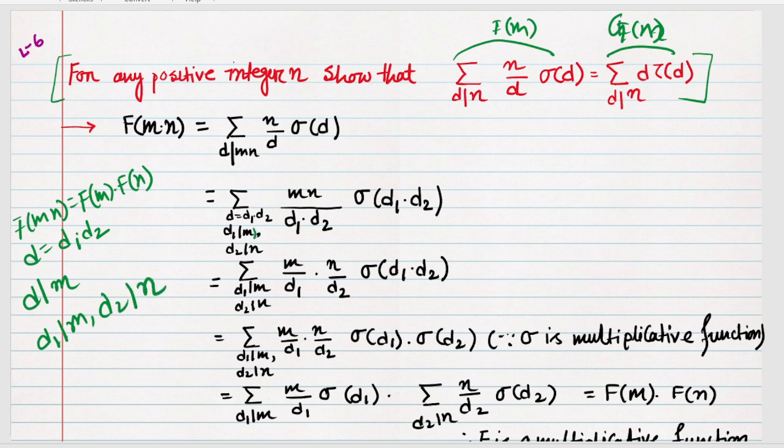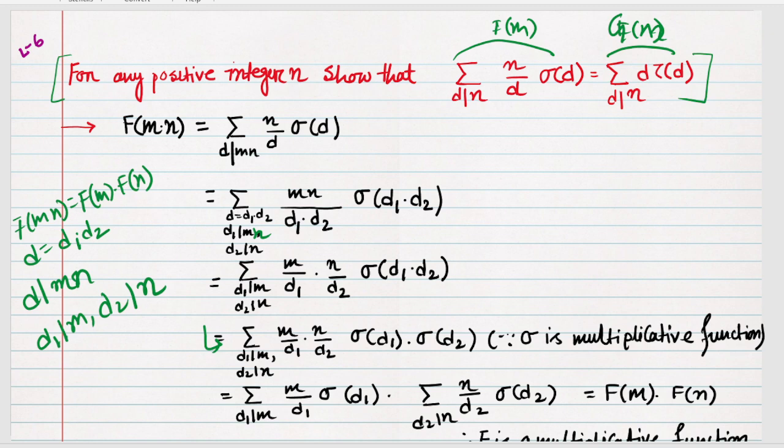We replace mn as the product and d as the product d1 d2, as we have sigma of d1 d2.